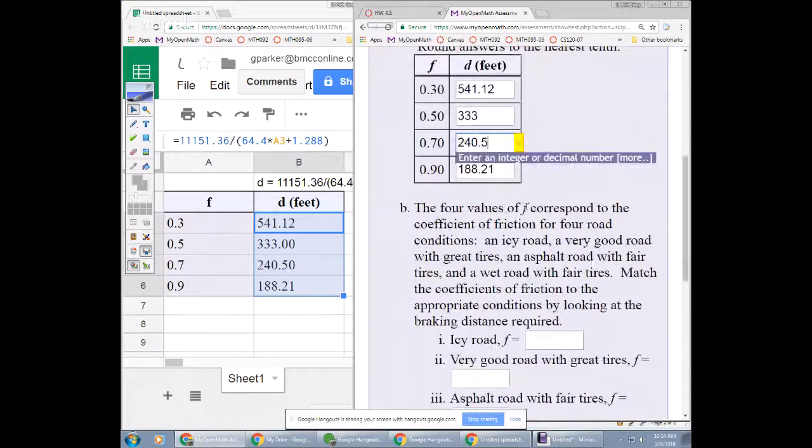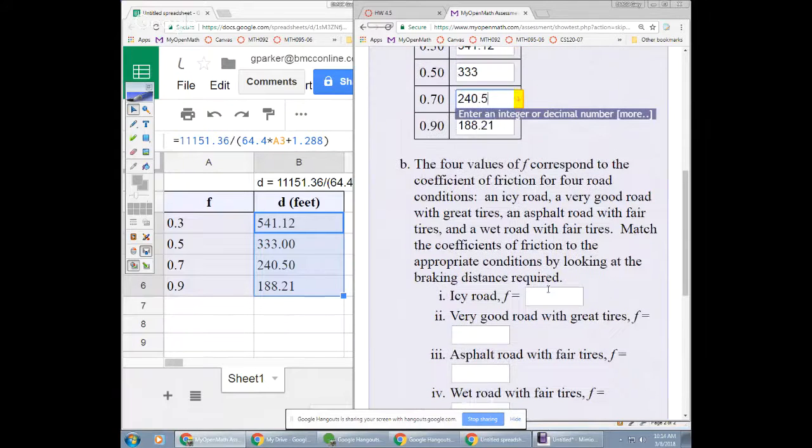All right, so 4 values of F correspond to the friction coefficient for 4 road conditions: an icy road, a very good road with great tires, an asphalt road with fair tires, and a wet road with fair tires. So we just need to match which coefficient goes with which. So I'm going to go with what Colt said, that the 0.3 is probably the icy road.